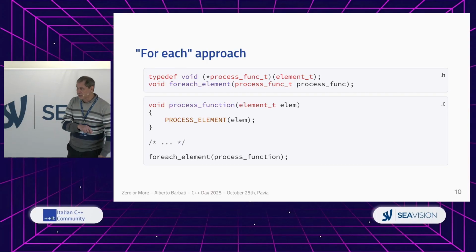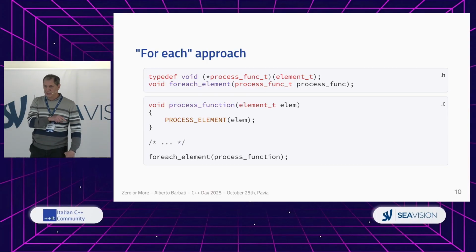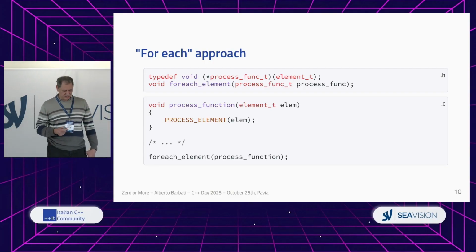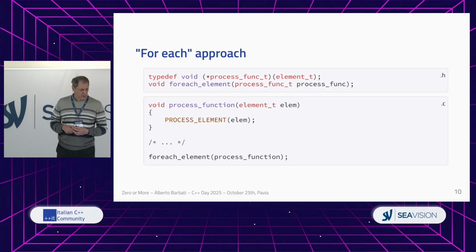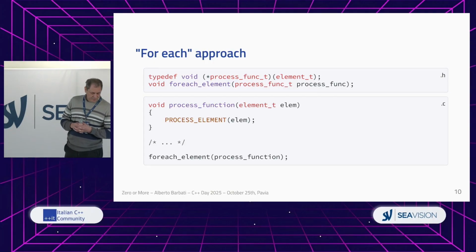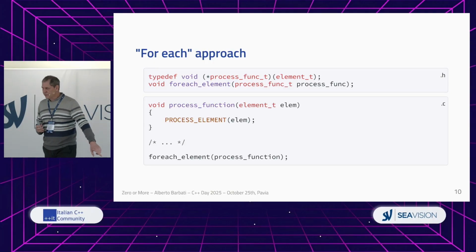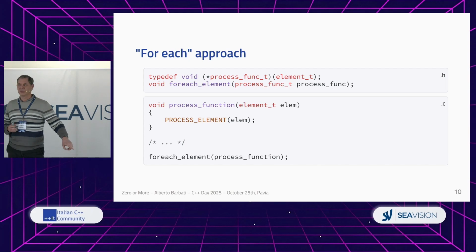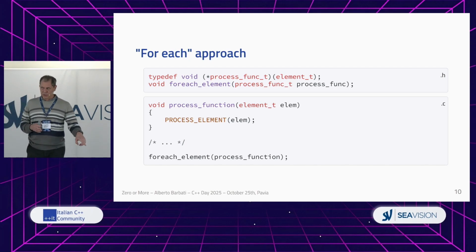Processing can start as soon as you get the elements, in this case, because as soon as I have an element, process element is called immediately, so we get the advantage of having one element at a time. In this form, you have to process all the elements. You can't stop early.